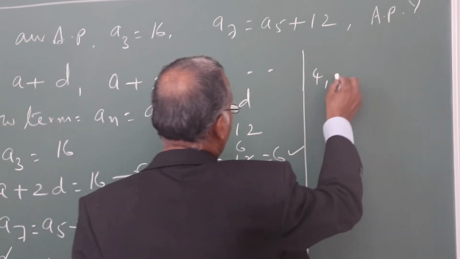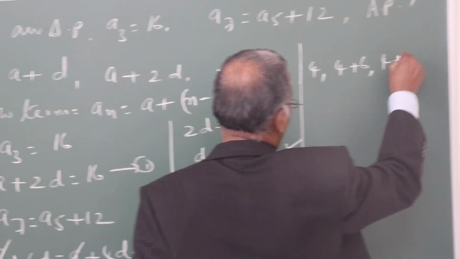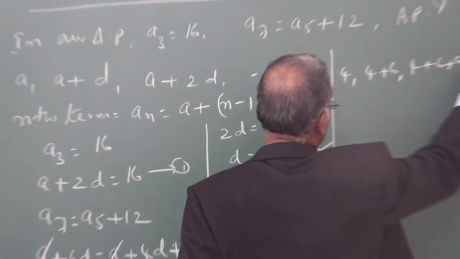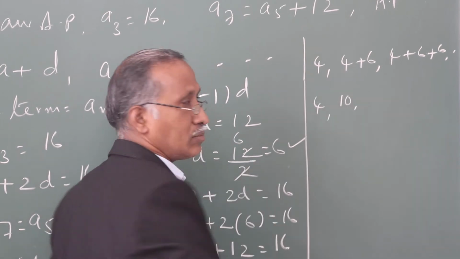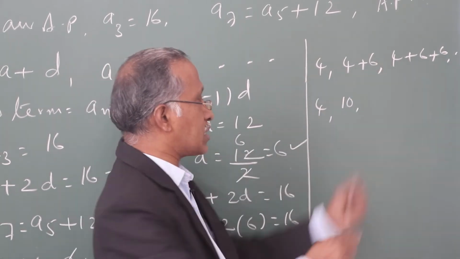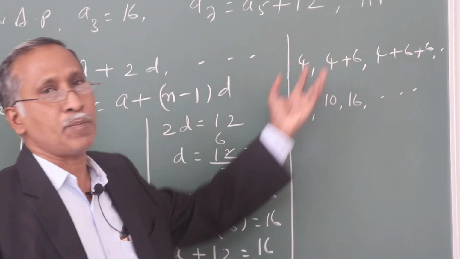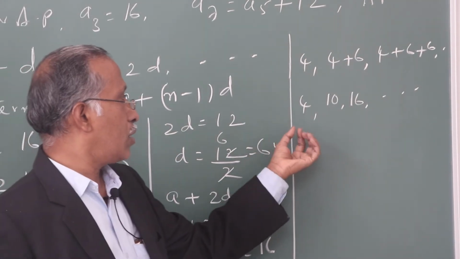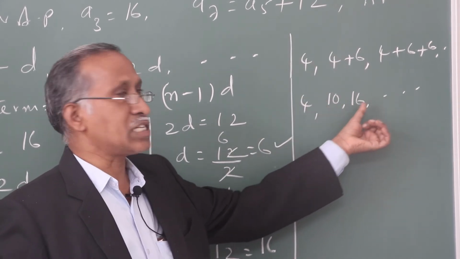The common difference is 6. 4 plus 6 is 10, plus 6 is 16, and so on. Therefore the AP is 4, 10, 16 and so on.